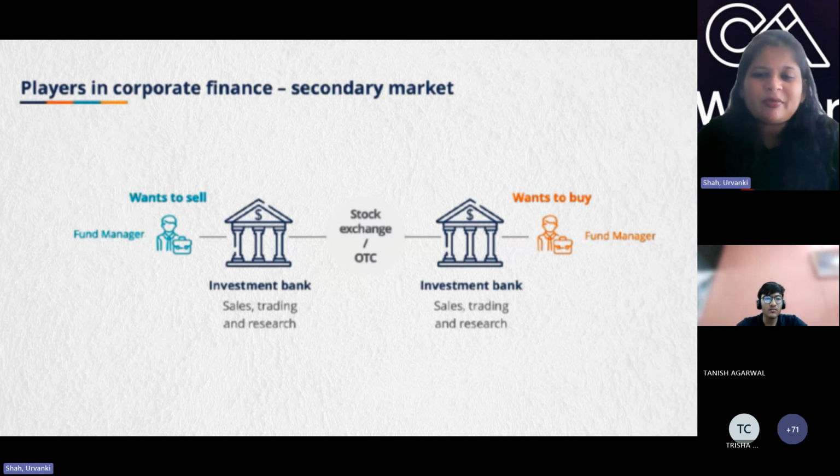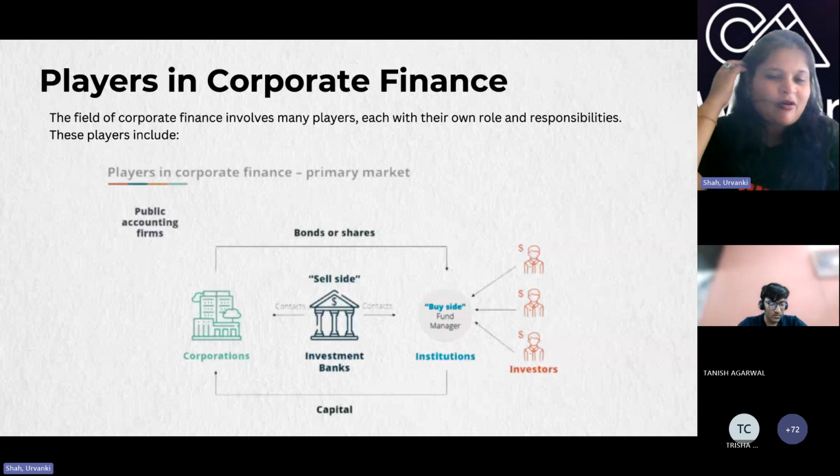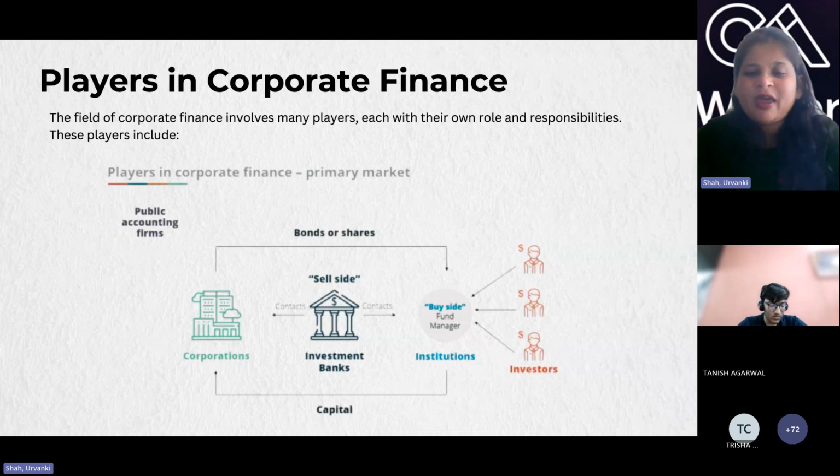What is the secondary market? The secondary market is the market where it's more like B2B, where it's not directly dealt with. If you see the difference between the two, here you have corporations in between and investment banks.